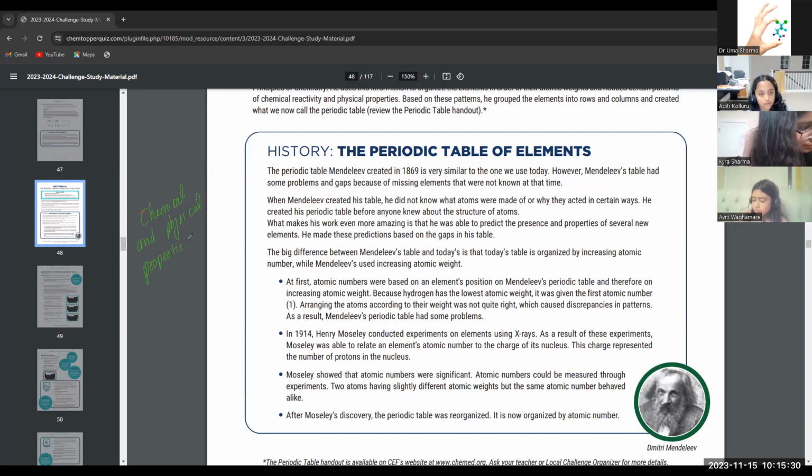Of elements are periodic functions of their atomic number.